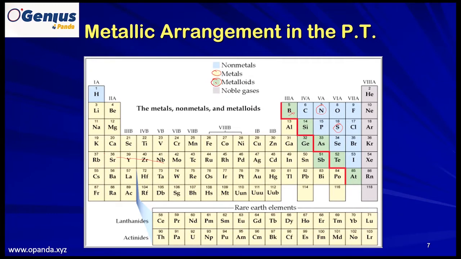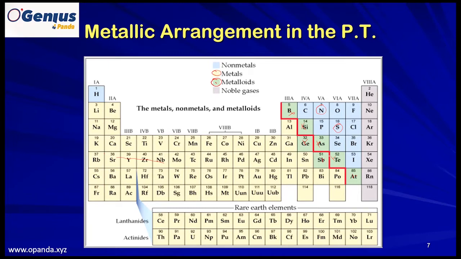We have some elements here which are called metalloids. Okay? It's like on the staircase here, we have those metalloids. And the metalloids are so called because they present properties of both metals and non-metals, depending on the conditions.